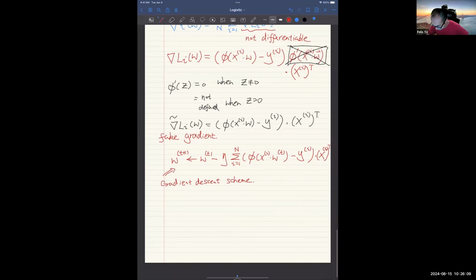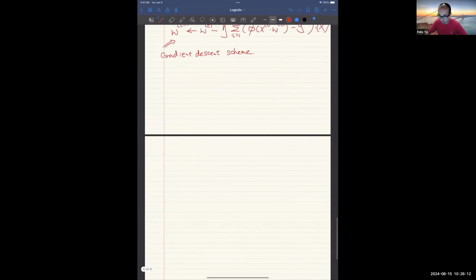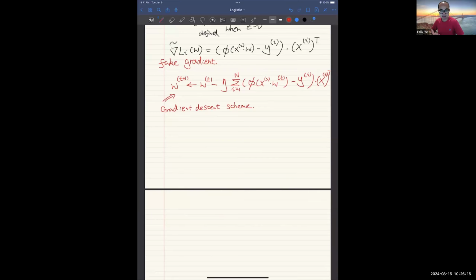Although we're using the fake gradient, it somehow makes sense. Because if these things are equal to y_i, since my output is always 0 or 1, and they are equal, then no change is needed, because this component just becomes 0.